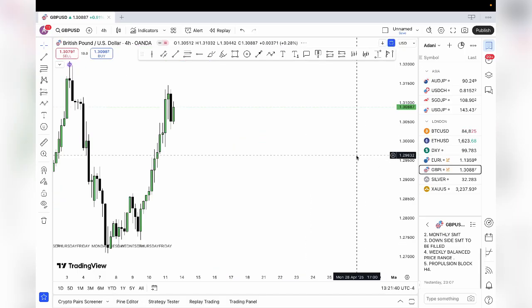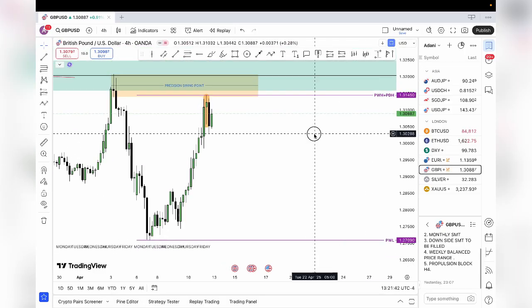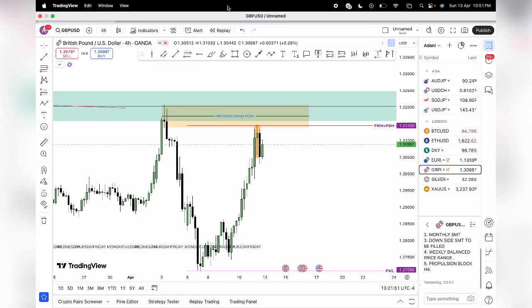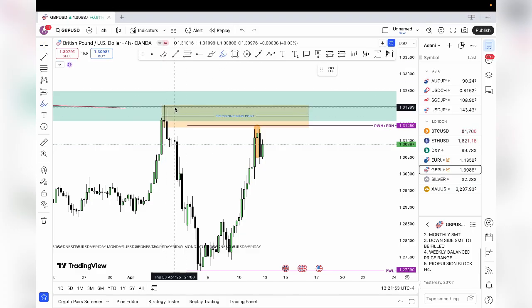And in GBPUSD we have this precision swing point over here. If you see this, 5 AM and 3rd April. Okay, let me mark it out.